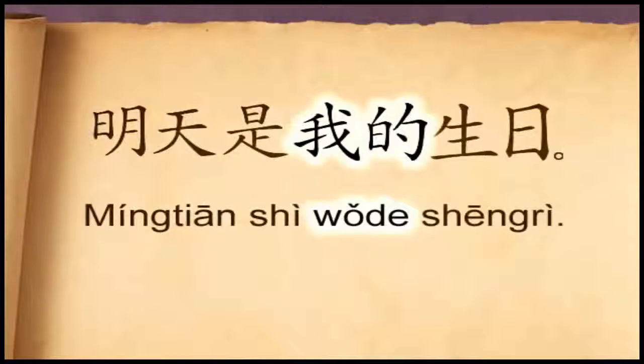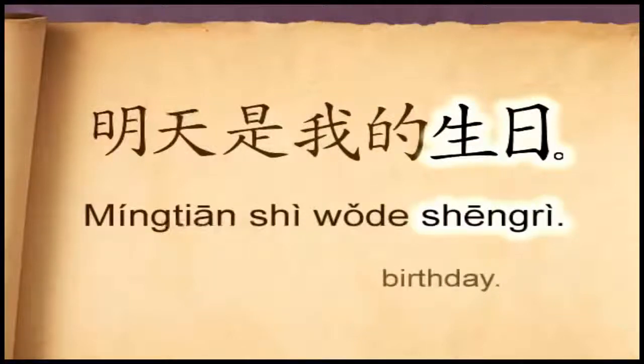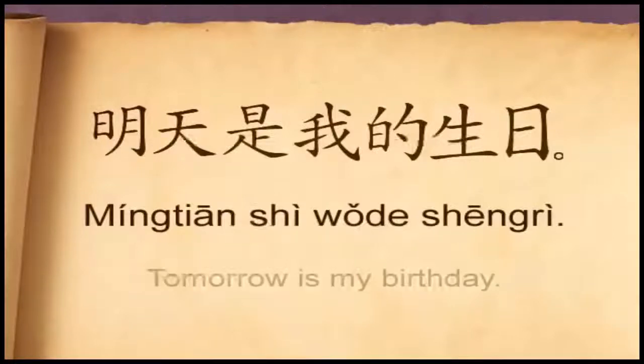Yes, 我的 is my. 我 becomes possessive when you add the possessive word 的. 我的 is my. What is 生日? Correct, birthday. So what does 明天是我的生日 mean? Yes, tomorrow is my birthday. 明天是我的生日.